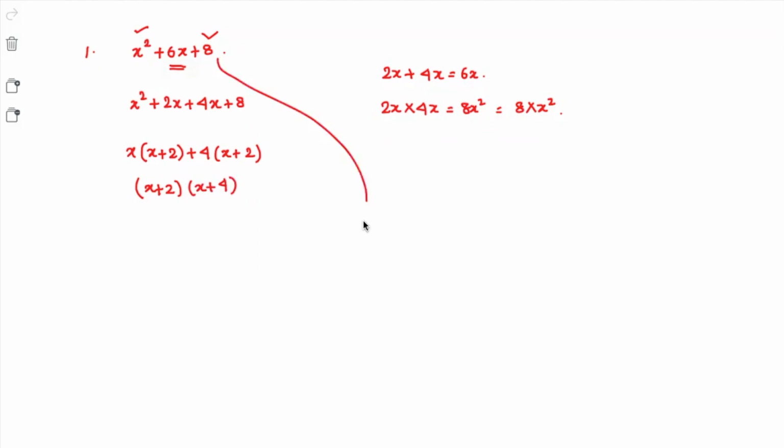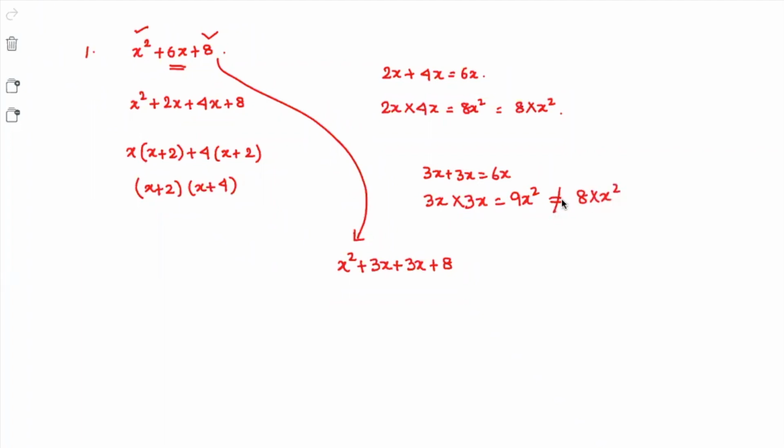Now there is a question. 6x can also be formed as x square plus 3x plus 3x plus 8. Why are we not considering that? Because although 3x plus 3x will give us 6x, the product of 3x into 3x would be equal to 9x square, which is not equal to the product of 8 and x square.